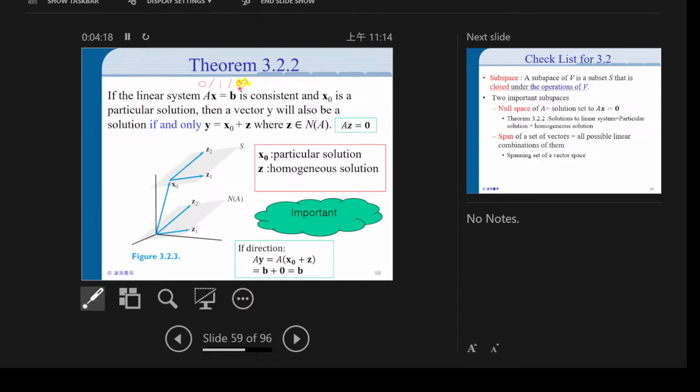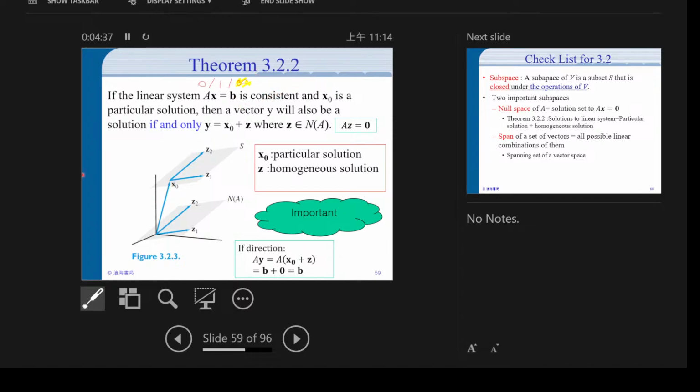If Ax equal to b is consistent, that means it has one or infinitely many solutions. If it's a unique solution, then it's a unique solution, but if we have infinitely many solutions, then there is a nice way to describe them.